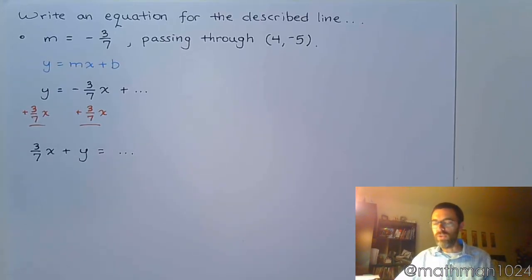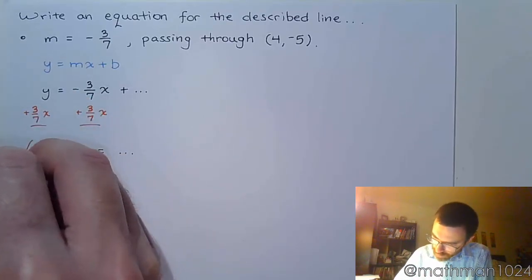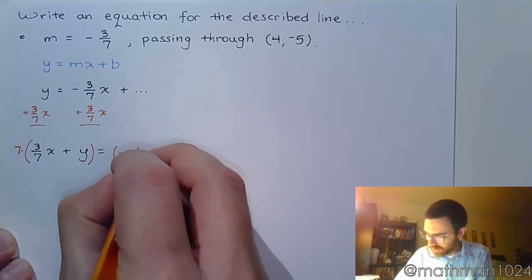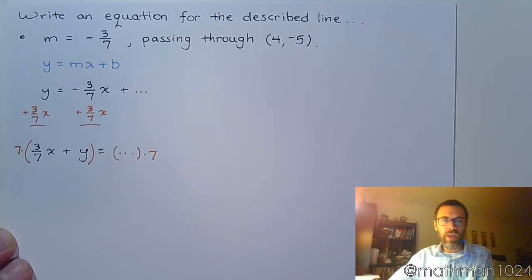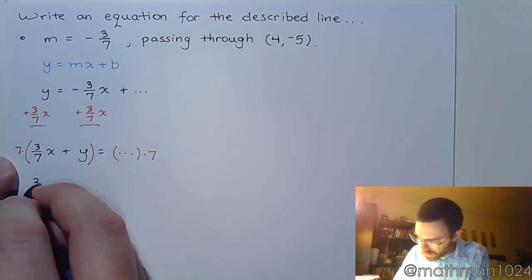So we use the same trick we've been using all the time, which is to clear out the fractions by multiplying times the LCD. My LCD here is 7. So I'm going to multiply both sides of the equation times 7. When I do that, these 7's reduce, and I'm left with 3x.